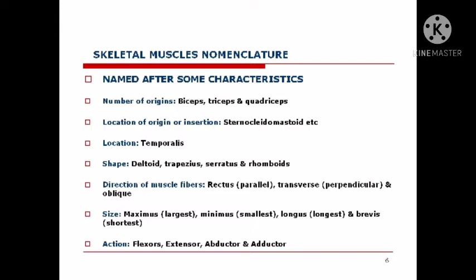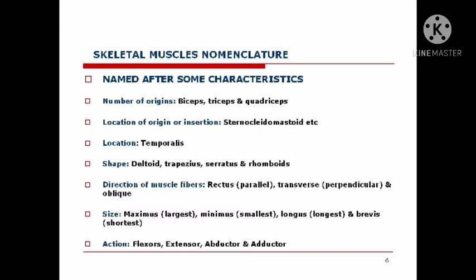Then the serratus. Serration means digitations, like branches. For example, serratus anterior on the anterolateral side of the thoracic region arises from the ribs and inserts in the upper limb. Rhomboid has a rhombus shape. So these are some nomenclatures.